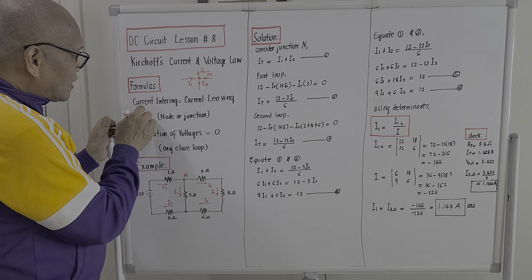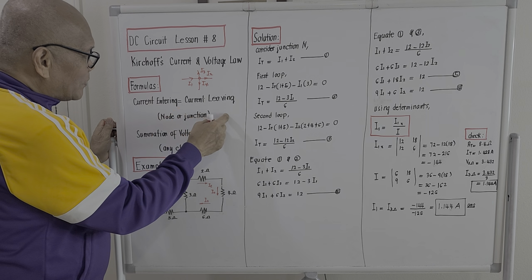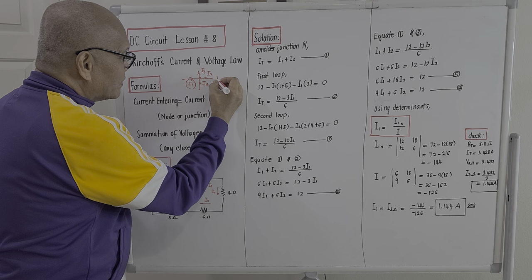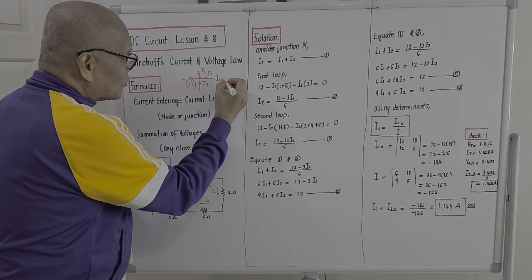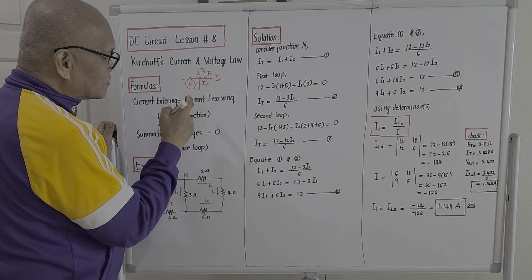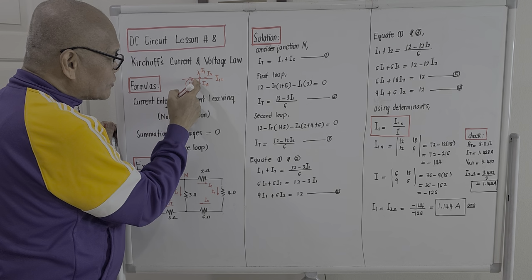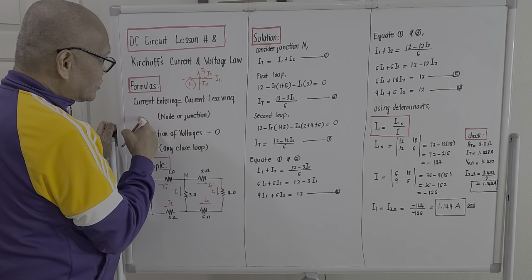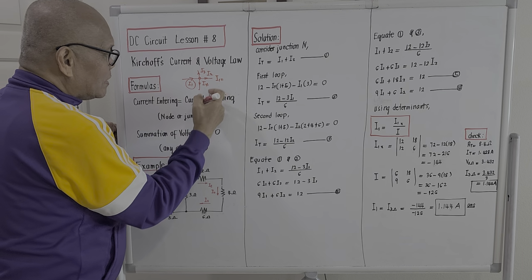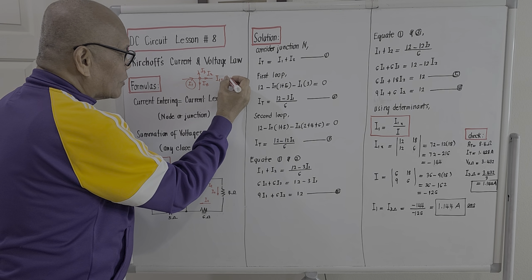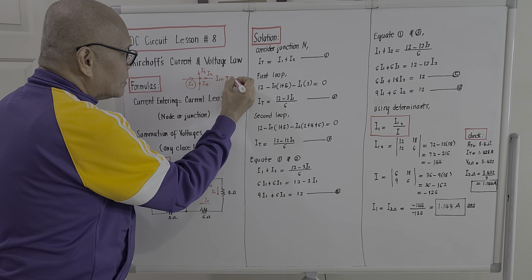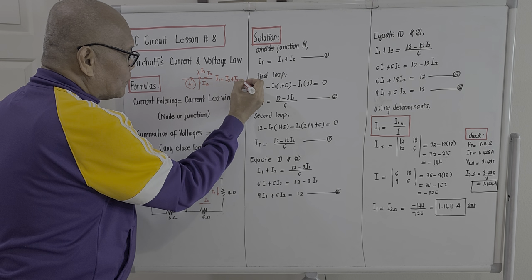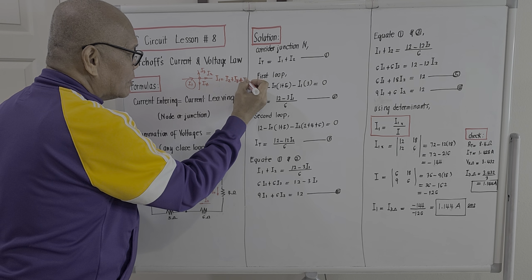The meaning of this, current entering equal to current leaving, meaning I sub 1 should be equal to the current leaving this junction, which is I2, I3, and I4. So by using Kirchhoff's current law, I sub 1 should be equal to I sub 2 plus I sub 3 plus I sub 4.